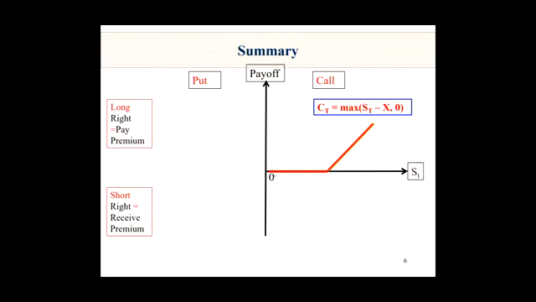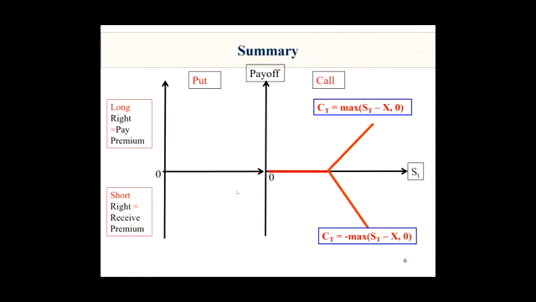If it turns out to be less, then you do not exercise the option, you let the option expire. On the other side of the option position is the option writer. They will receive the premium, and if the spot price is greater than the exercise price, they end up making a loss.